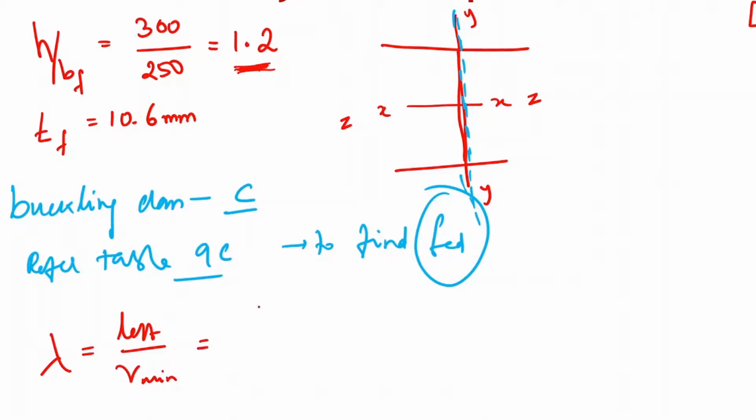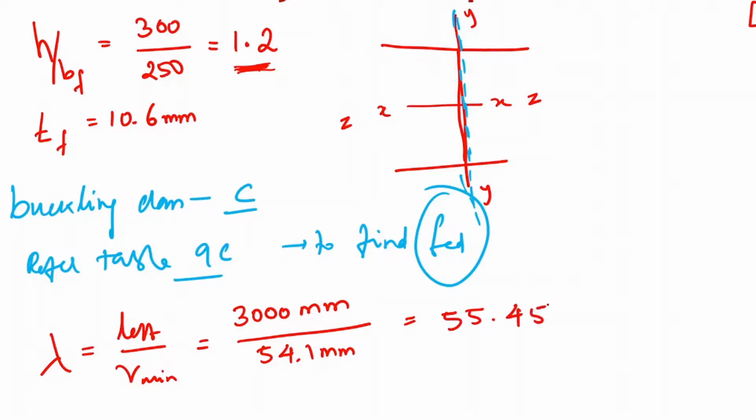We know that our effective length of the column is 3000 mm and the minimum radius of gyration is 54.1 mm. If you substitute, the slenderness ratio lambda is 55.45. Again, it is unitless.